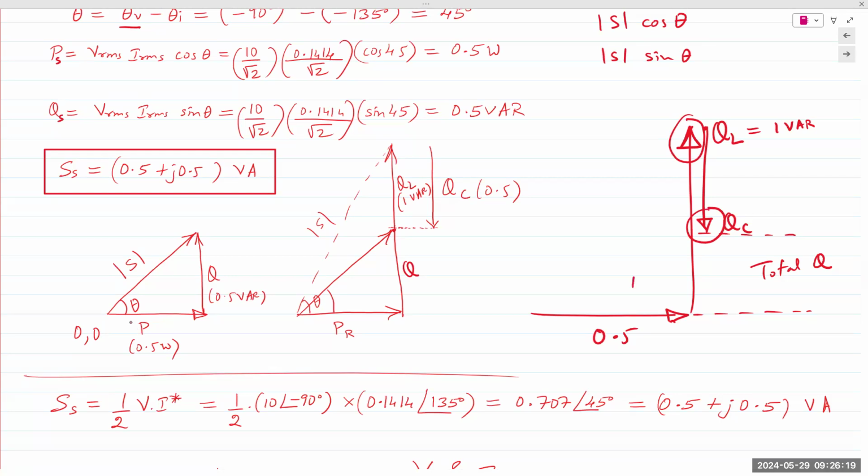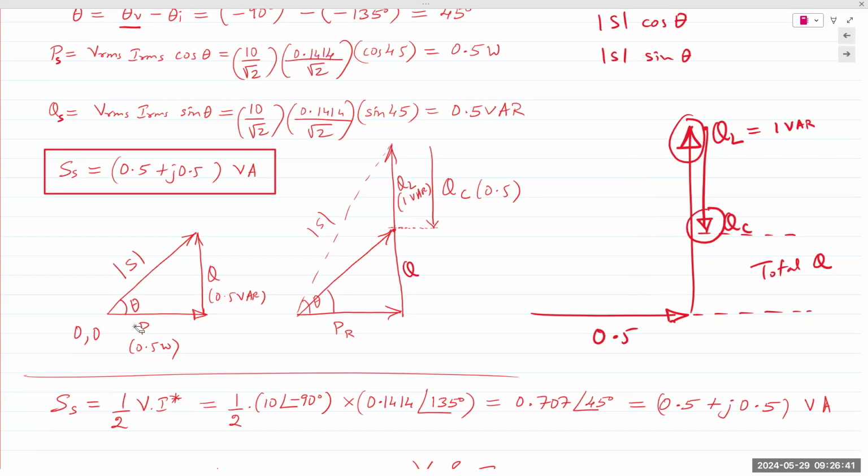Okay, QL goes up, and then QC supplies half of it, brings it down. Okay, if QC could also supply 1 VAR, then the source would not need to send any more reactive power. The system would be perfectly balanced, which of course never happens in real life.